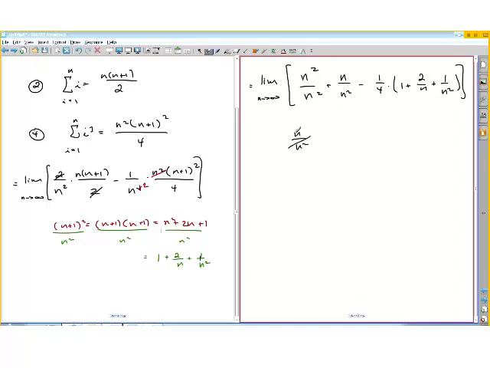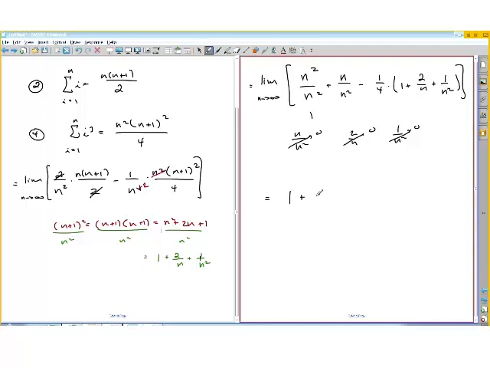What happens? Well, n over n squared goes to 0. 2 over n goes to 0. 1 over n squared goes to 0. So these terms get knocked out. And what we have left is just this term, which is 1.